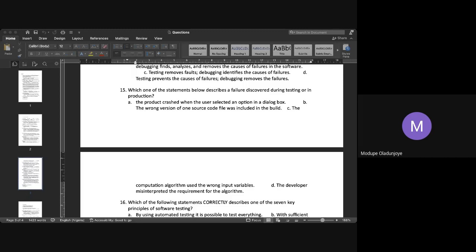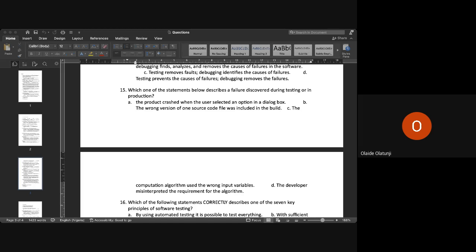I'm trying to think of the best way to define it here. Error, failure, and defect. Or rather, when does failure happen? I think failure happens when there's a code error from the back end.